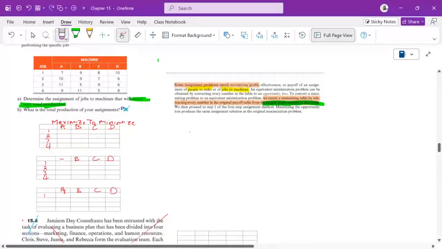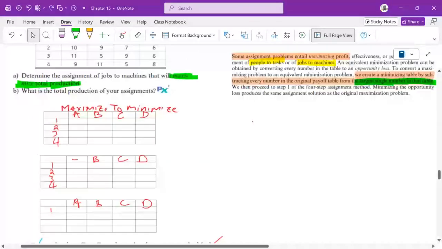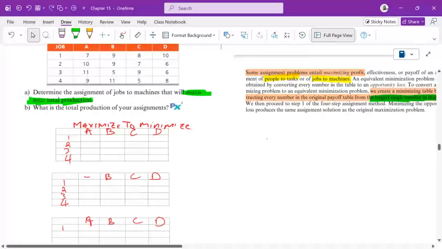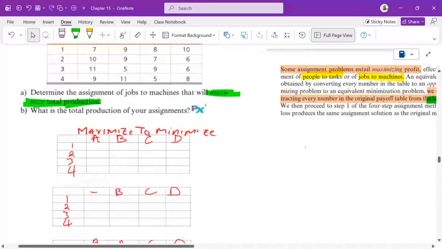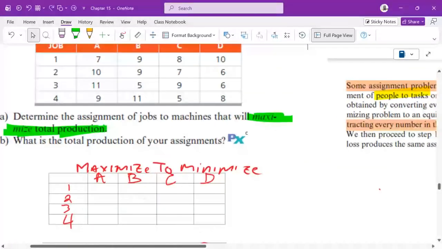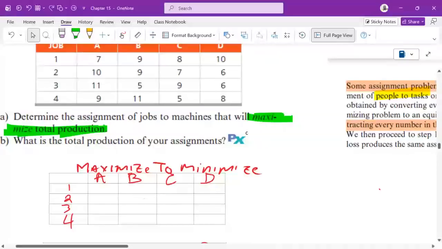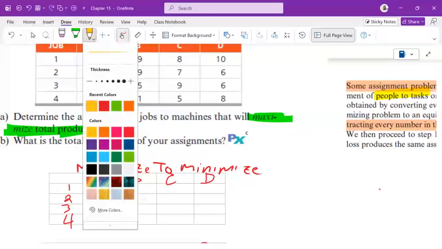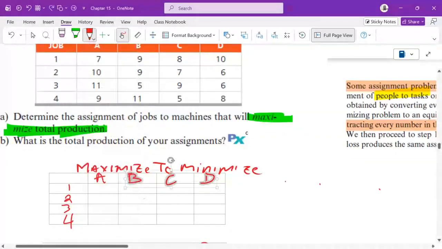Then the first one, they say to us we need to convert maximize to minimize by substituting the largest value here. Which one is the largest value? I believe it's 11. So whenever you see 11, you substitute by 11 here, which is the largest. Even here is the largest. Then you subtract everything from 11.